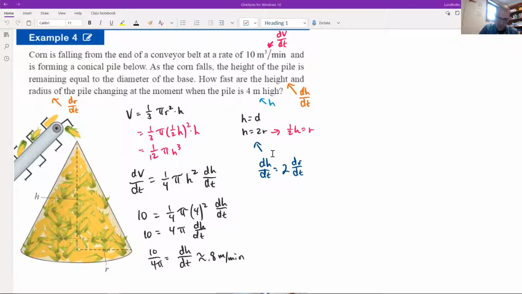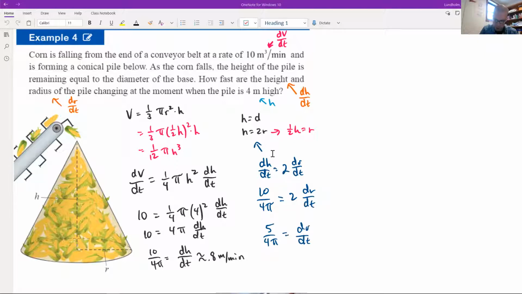And then we could be confident that when we put in, well, let's just write the 10 divided by 4 pi, which is 5 divided by 2 pi. But anyways, we could divide both sides by 2, and we would get 5 divided by 4 pi is equal to dr dt.